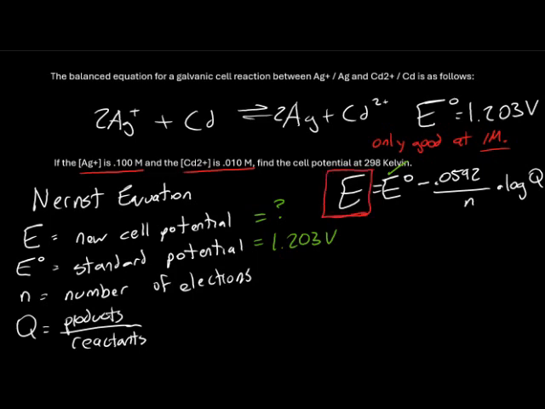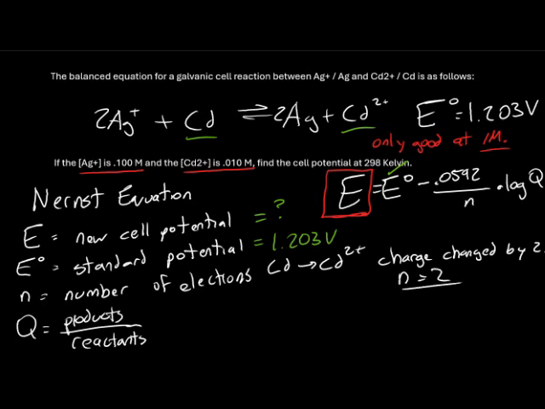To find the number of electrons that have exchanged hands, we can look at the cadmium. The cadmium has Cd yielding Cd2+. The charge has changed by 2. Therefore, we can conclude that the number of electrons that changed hands is also 2.